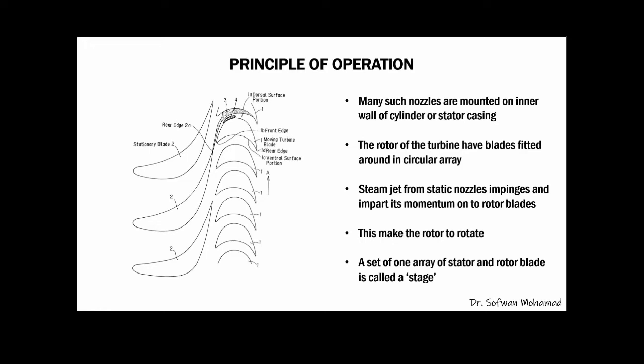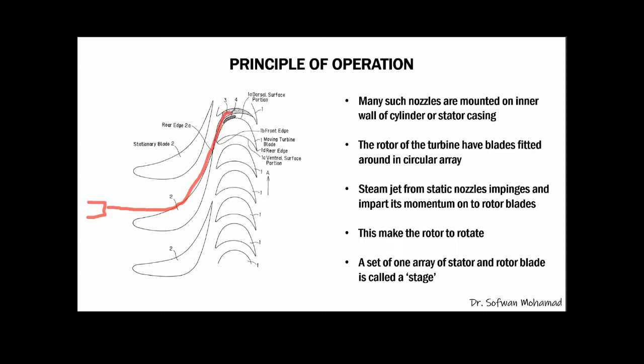Okay, so you can see the turbine is circular and there are many nozzles fitted on the casing of the turbine, and steam jets from the static nozzle. So for example, this is where the nozzle is, and the steam will go from the nozzle to the stator and glide into the rotor blades.